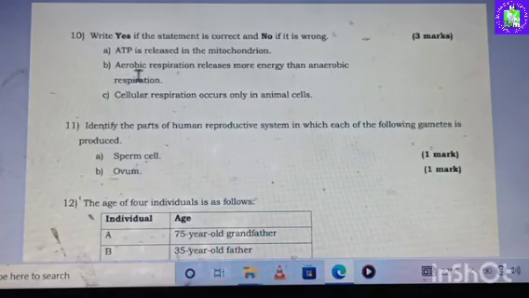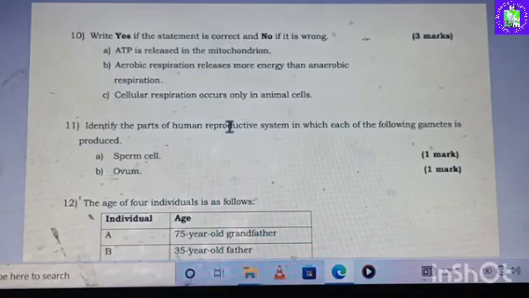B. Aerobic respiration releases more energy than anaerobic respiration? Yes, of course, because aerobic respiration produces 38 ATP, while anaerobic respiration produces only 2 ATP during fermentation.